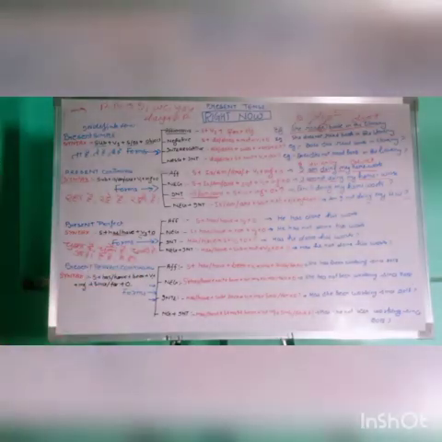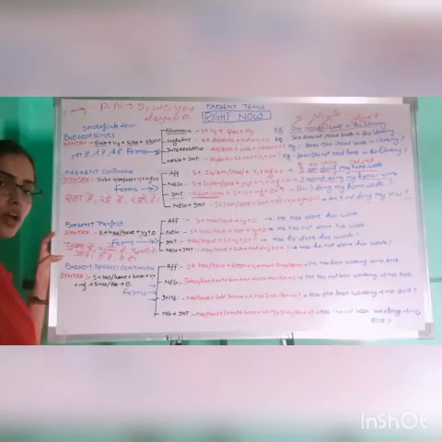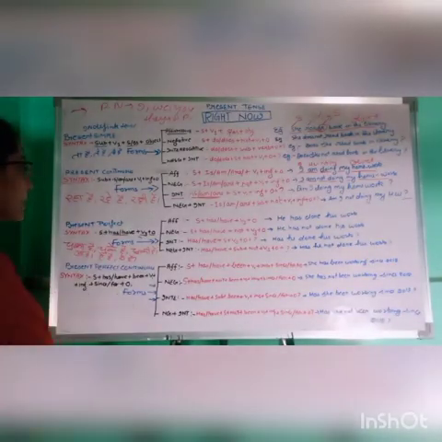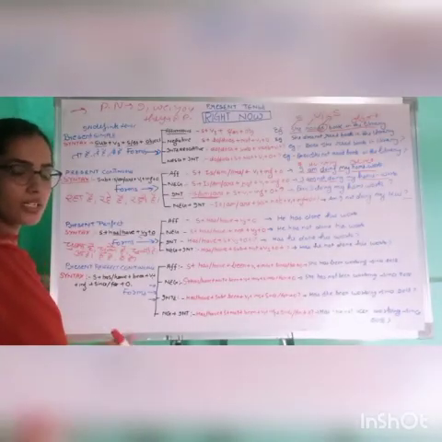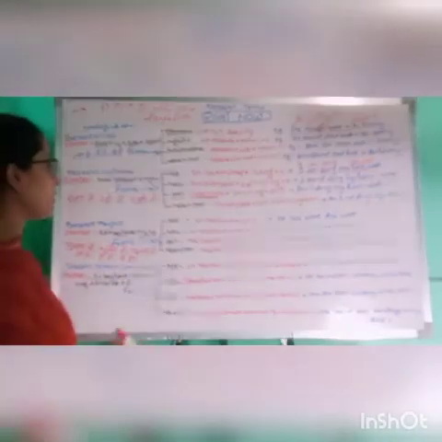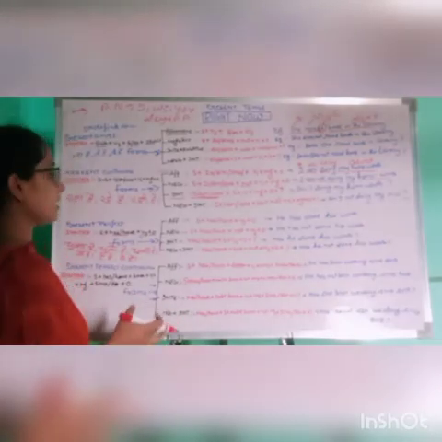Whenever you find this kind of identification in Hindi sentences, then prepare your mind that you have to change that particular sentence into the present perfect tense whenever you translate from Hindi to English.